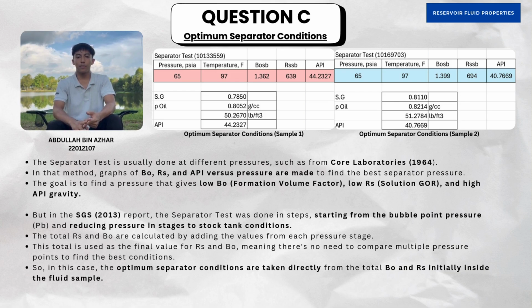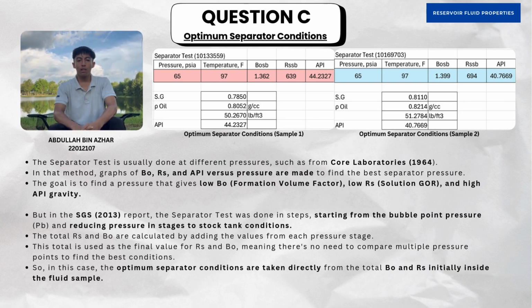But in this SGS report that we are analyzing from 2013, the separator test is done in steps or stages, starting from the bubble point pressure, and then it is reduced in a few stages until it reaches stock tank conditions.